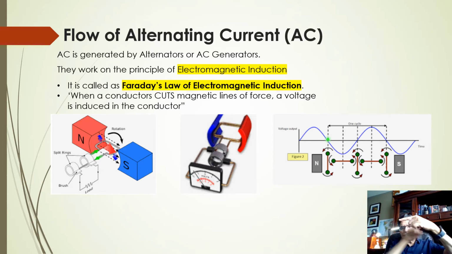So it's actually flowing in both directions in the wire, and while doing that, it is also increasing its value. 0 ampere, 1 ampere, 2 ampere, 3 ampere, 5 ampere, then 5, 4, 3, 2, 0 ampere, changing the direction.